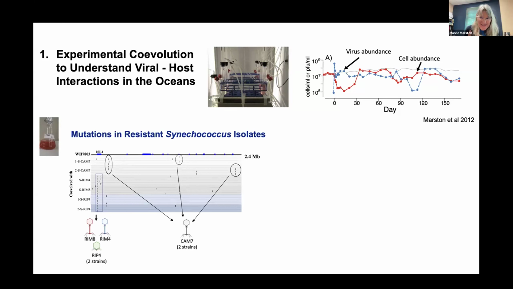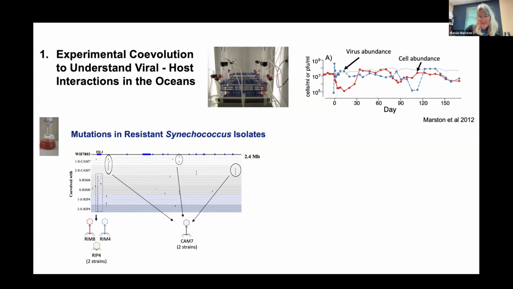And so the take-home message is that there's not many changes that need to occur in order for a host to become resistant to a particular virus. All right. And so we have evolved this particular host isolate with all of these different phages. And we see that there's lots of different ways in which the host can become resistant to a particular phage. And it doesn't take many changes.